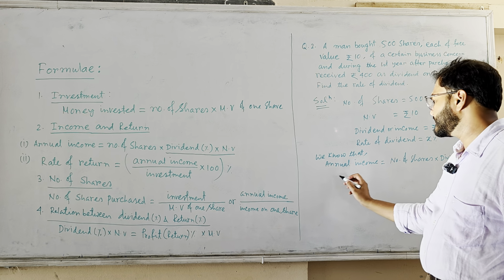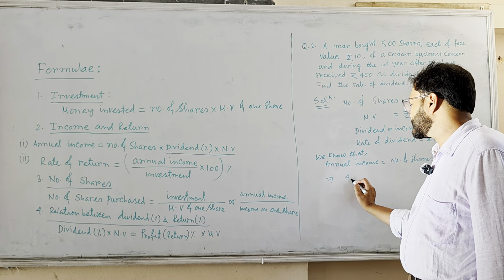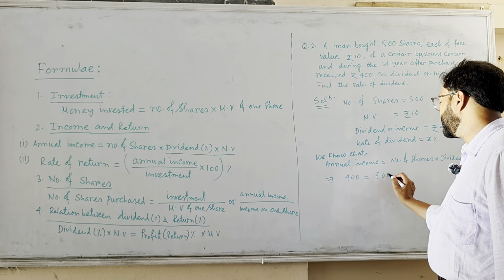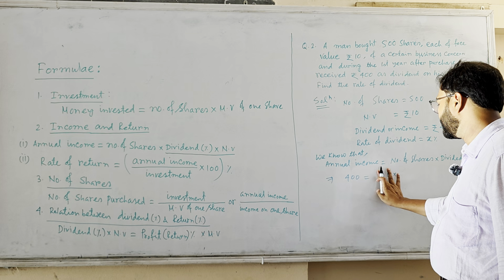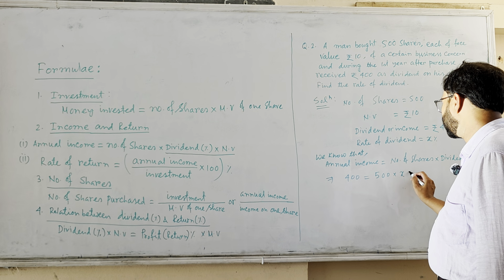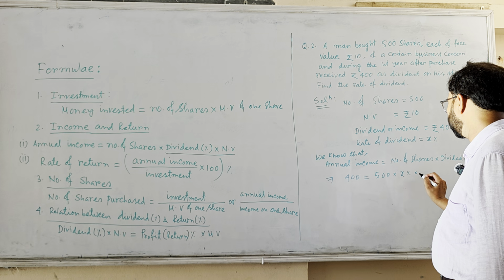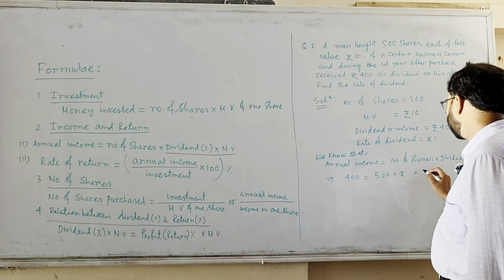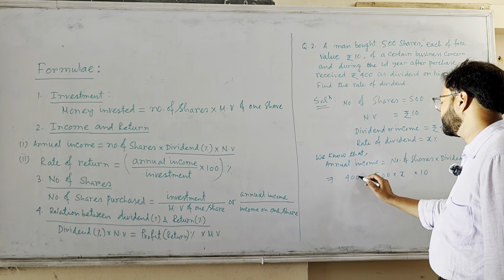Which are going to put here? That implies 400 equals number of shares 500 into dividend percentage x% into nominal value 10.